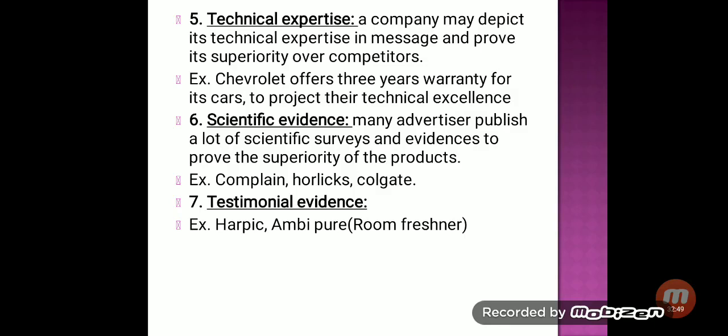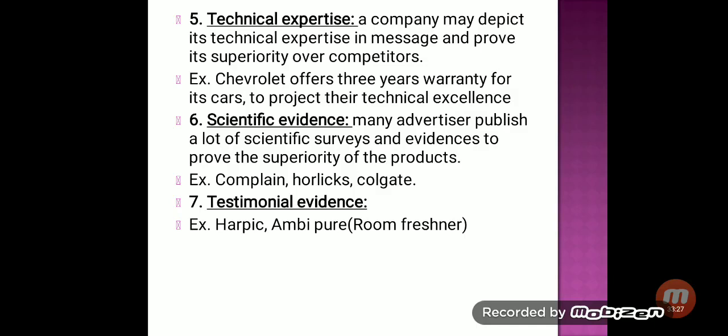Say for example, here Chevrolet company is having a technical expertise that their new cars will not fail or their part will run smoothly in the initial 3 years. So they are giving warranty to their customers that if anything happens to your car during these 3 years of usage, then company's mechanic will come to your home and fix the problem that you are facing in a car without charging a single rupee.